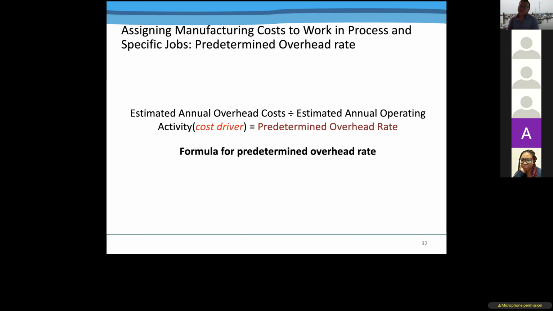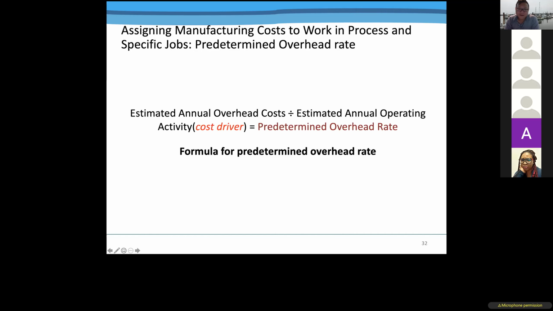So in order to assign the overhead on a timely basis, we have to have a predetermined overhead rate, based on your estimation of the total overhead cost and the total annual operating activities. Then I figure out a predetermined overhead rate, and based on that rate and my operating activity for that job, I can calculate my estimated overhead.